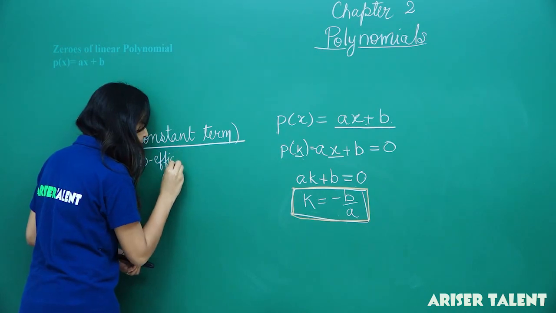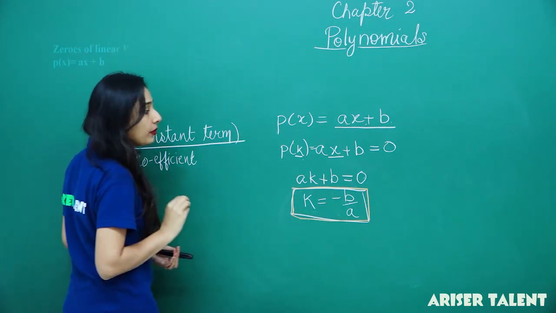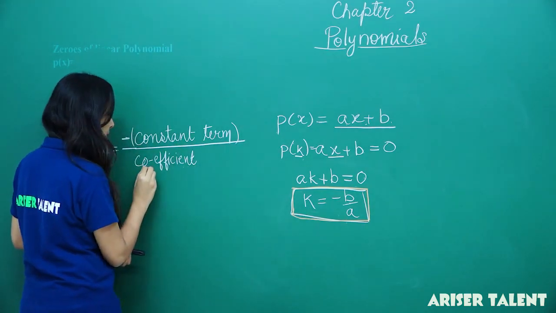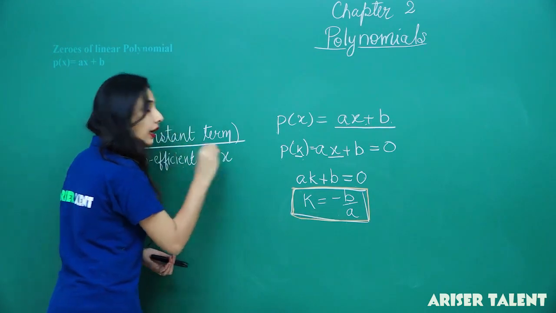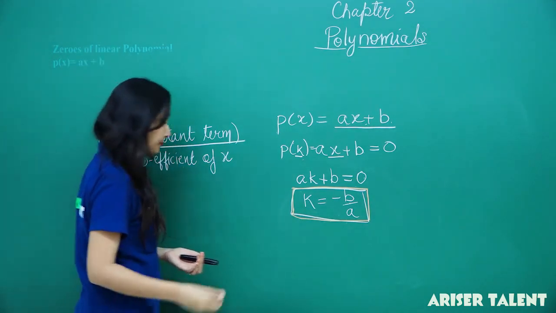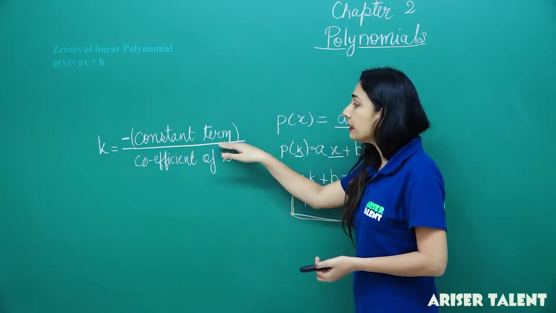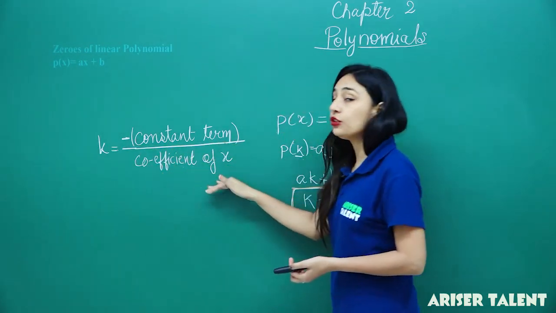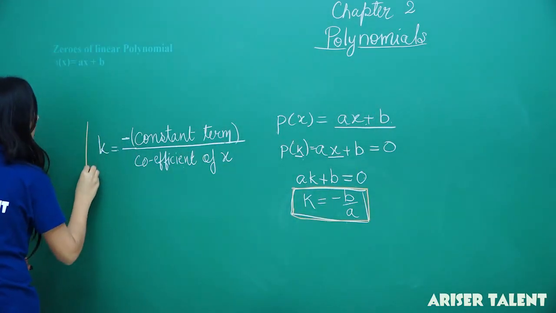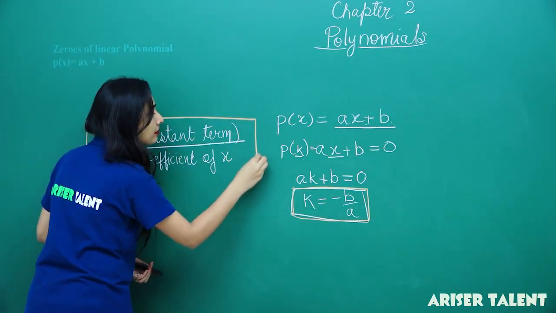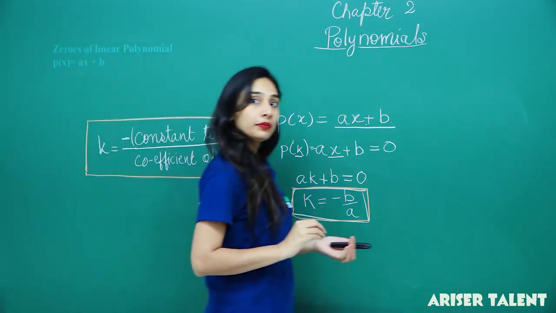I have told you about coefficient also. Do revise these things if you are not able to remember, okay, in my lecture 1 of this chapter. Coefficient of x. Okay. So k will be equal to minus constant term upon coefficient of x. So this is a formula for linear polynomial. Note it down.